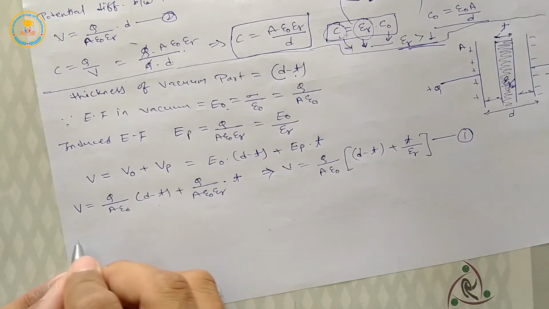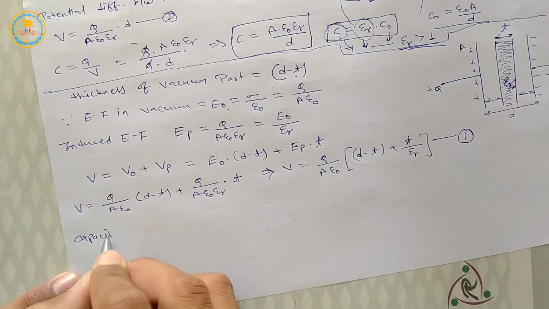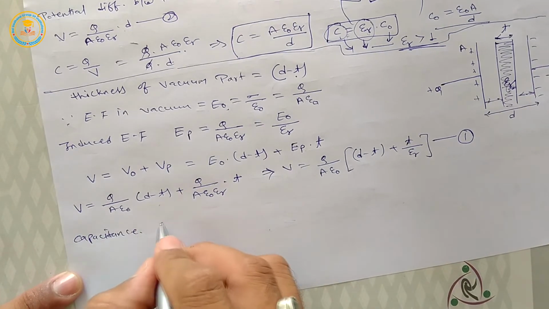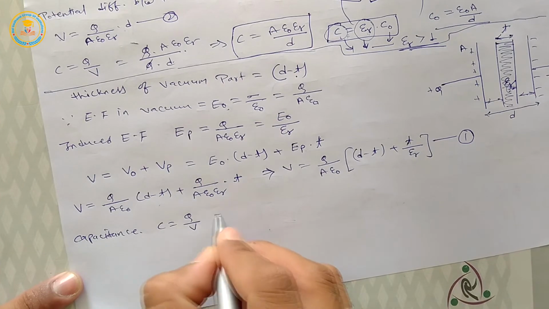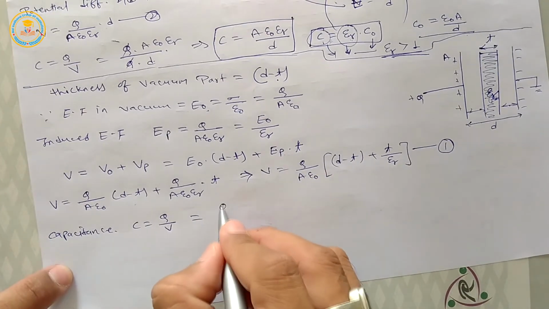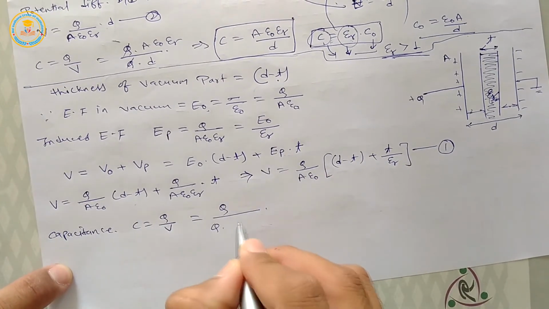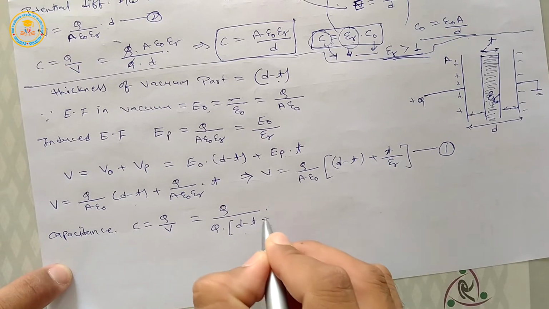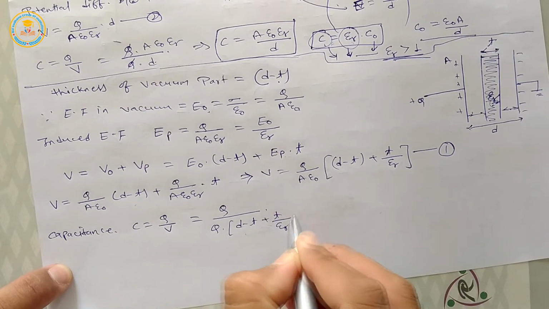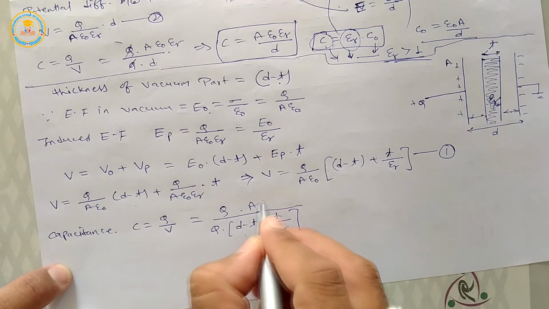Now the capacitance of the capacitor C is equal to Q upon V. Put the value of V, then Q upon Q into d minus t plus t upon epsilon r, multiplied by A epsilon naught.